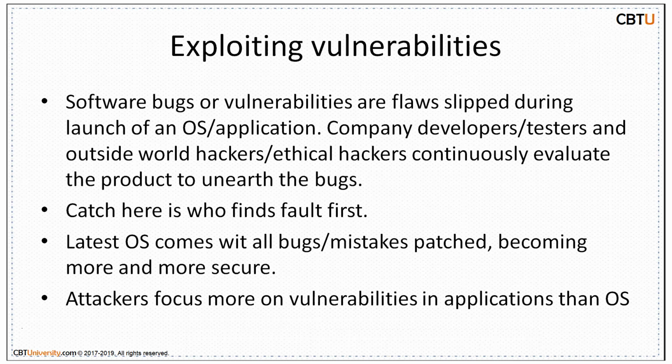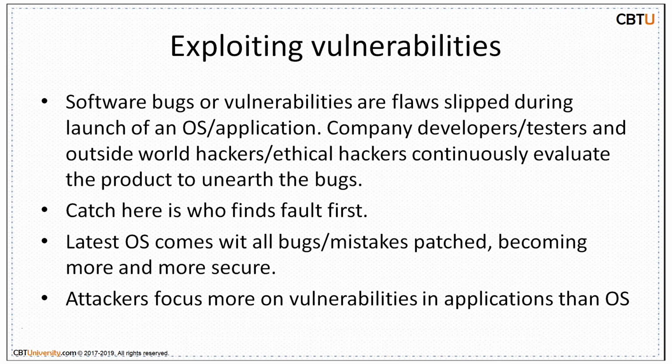If the outside world finds it, it may or may not be immediately brought to the company's notice for fixing. They may want to exploit the vulnerability for their own benefit. Companies take services of ethical hackers to help find bugs and work on mitigating them. The latest operating systems come with the bugs and mistakes patched, becoming more and more secure.